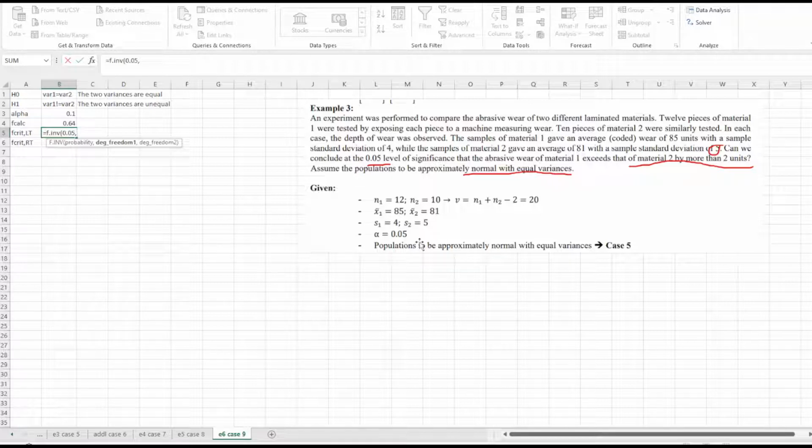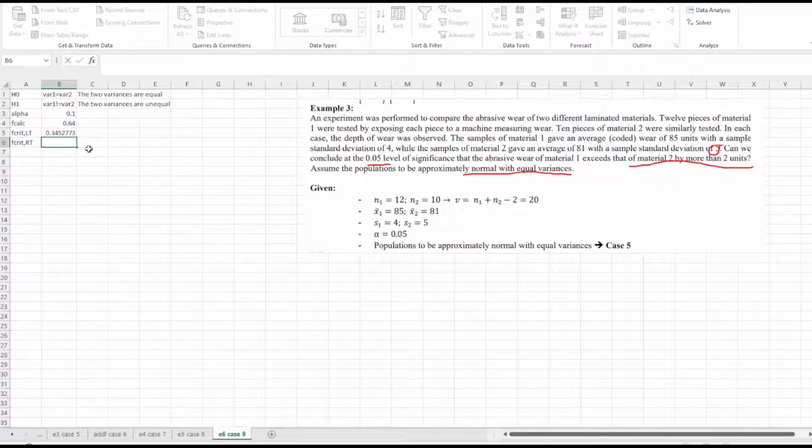The degrees of freedom for the F test is always n minus 1. You can type 12 minus 1 or just 11 directly. Then degrees of freedom 2 is 10 minus 1, which is 9. So that's our left tail.